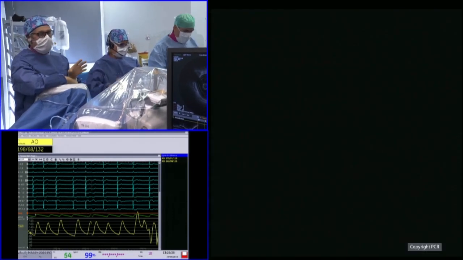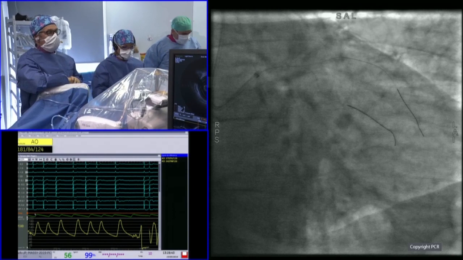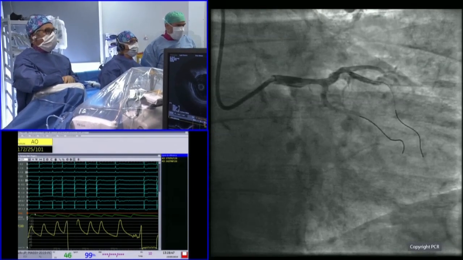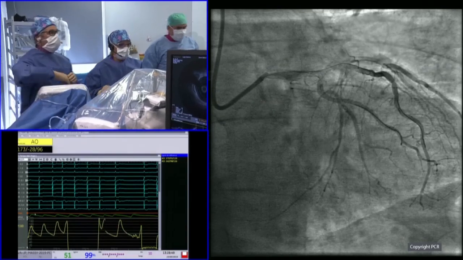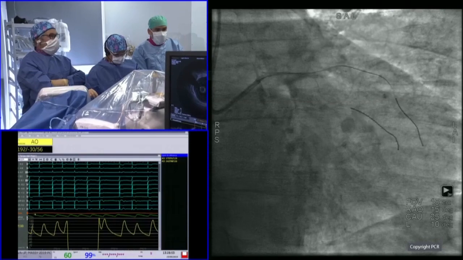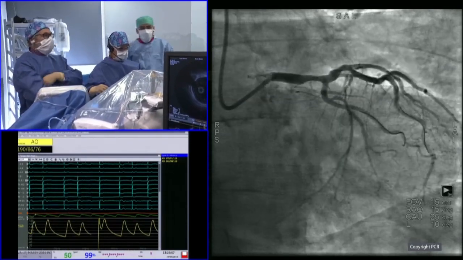So in this case, the circ is about 2.5. So it's not an issue to work with 6 French when you have 4.0 in the LAD and 2.5 in the circ. Okay, so let's take the stents. So everyone is okay for a 4.0 stent?